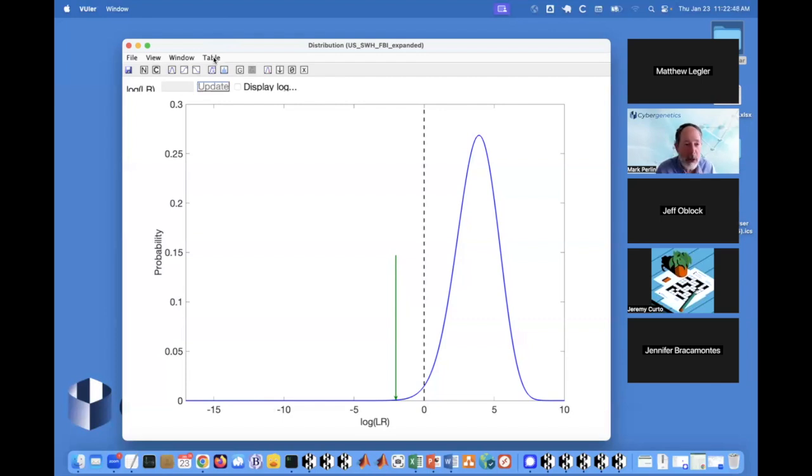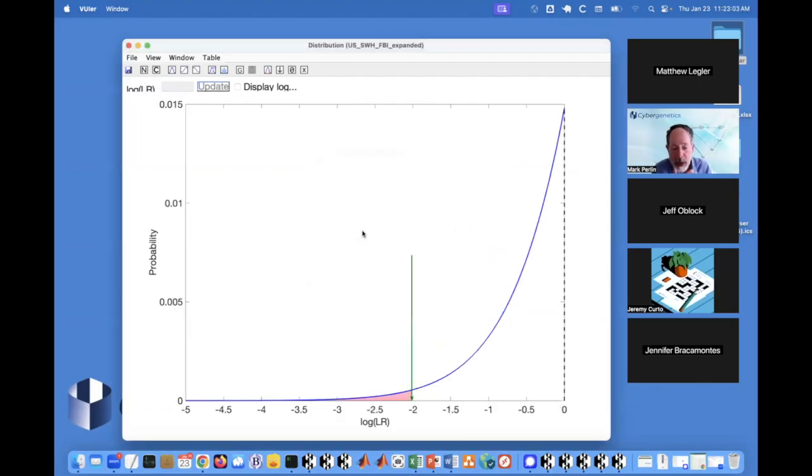And if Matt turns that on, we can see the area, and Matt will probably zoom in again, get a closer look, because with a match statistic of 1 in 100, you can see it. Once you start getting into match statistics of 1 in 10,000 or a million, you may not see it.